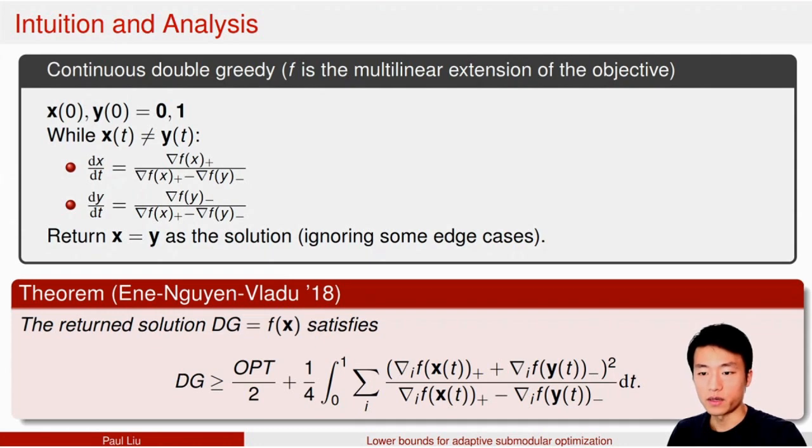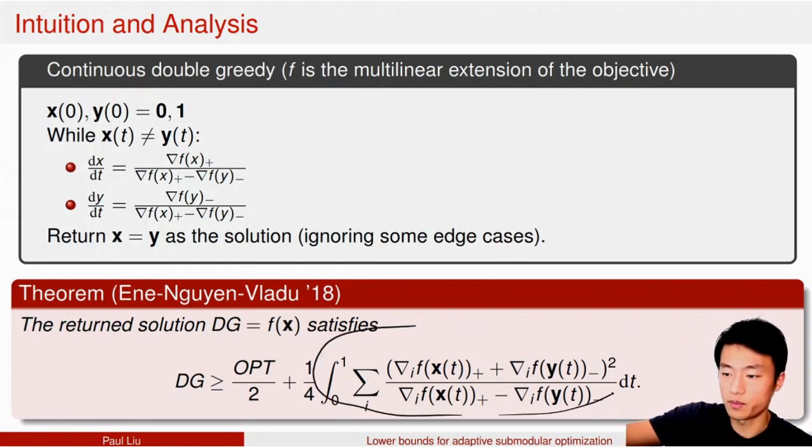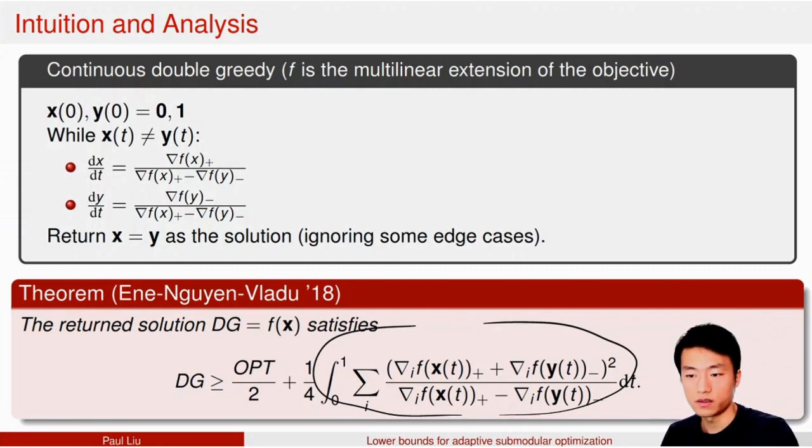So a key lemma in the analysis of the adaptive continuous double greedy is that the double greedy actually gets a little bit more than 1/2. It gets a little bit more than 1/2 by this factor here that's proportional to the L2 norm of the gradients at x and y.